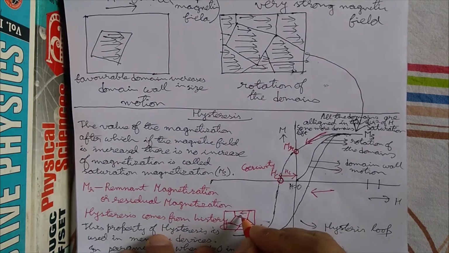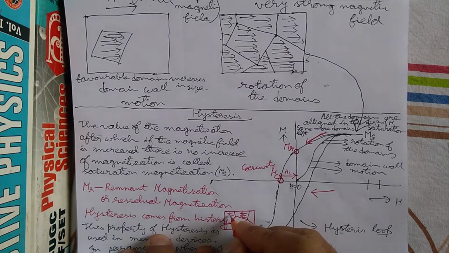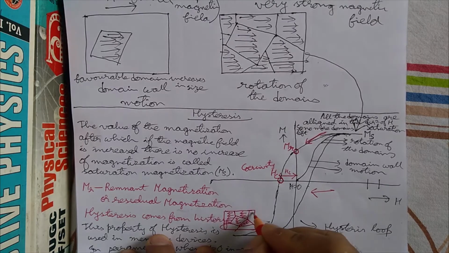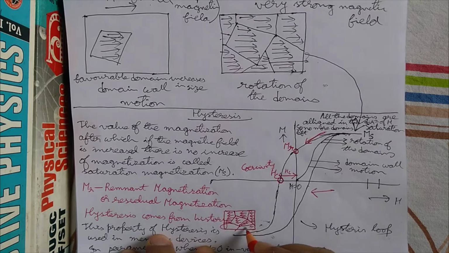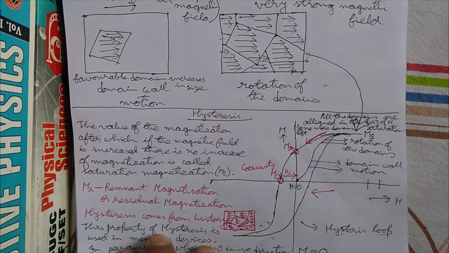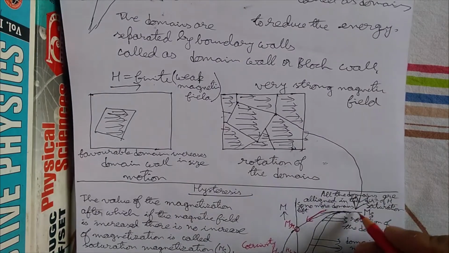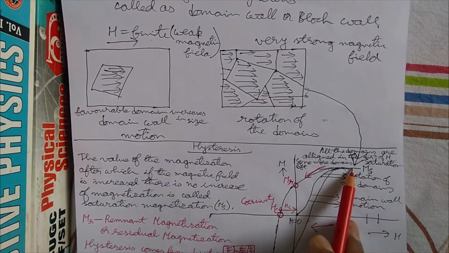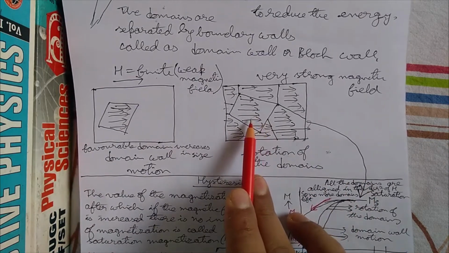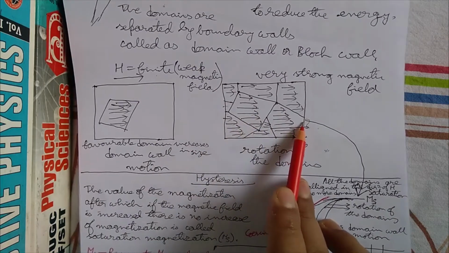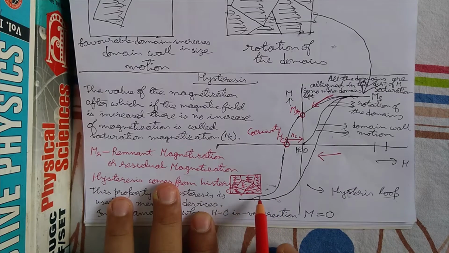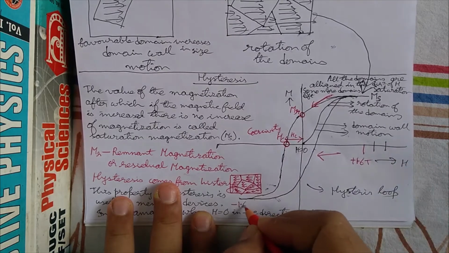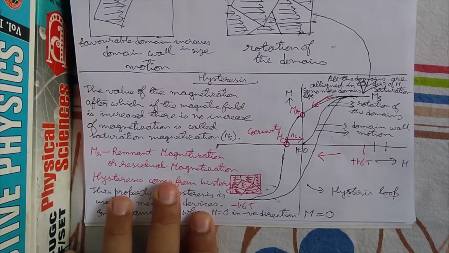Exactly like this it will happen. See here, in the region of positive magnetic field, the dipoles are directed along this direction, whereas in the negative region, say this is plus 1.6 Tesla and this is minus 1.6 Tesla, the same thing happens but in the negative direction.